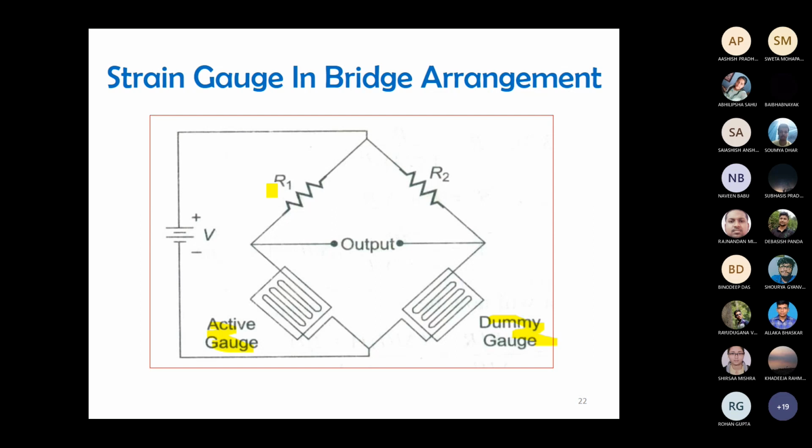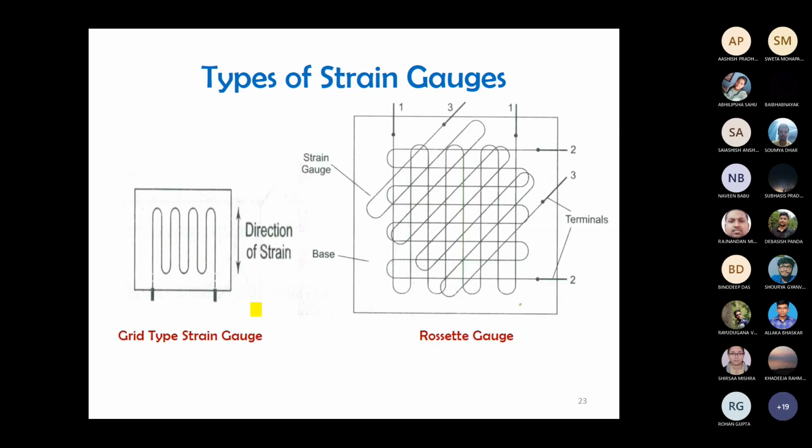Here you can see some standard resistance, so automatically your strain gauge also changes. You have to change the strain gauge to get the balance condition. So in both cases you are changing whatever is required, and you are able to measure that amount of value for the physical quantity.